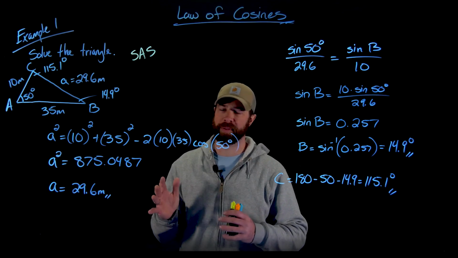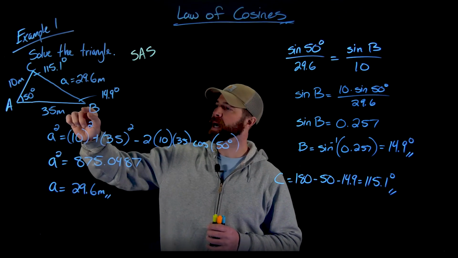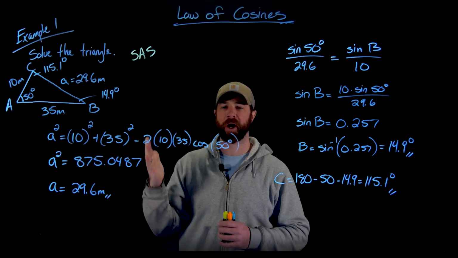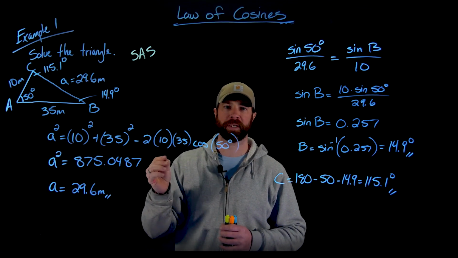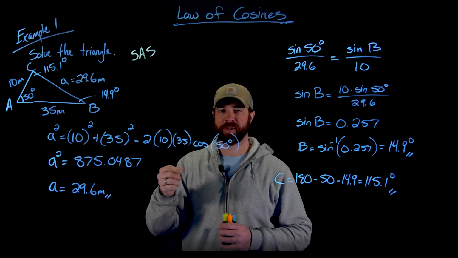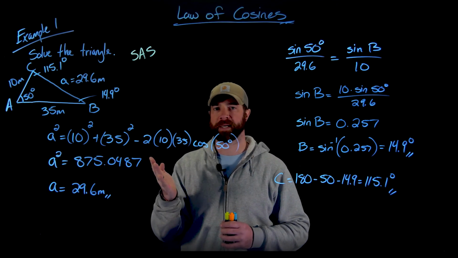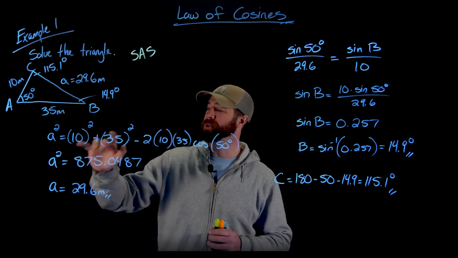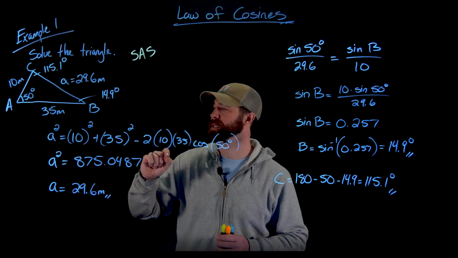But the important thing is that I went to find angle B because I know that sine is not going to output an angle more than 90 degrees. The only way to manufacture an obtuse angle with sine inverse is to do the 180 minus. That's actually not the case with cosine, as you'll see in our next example.